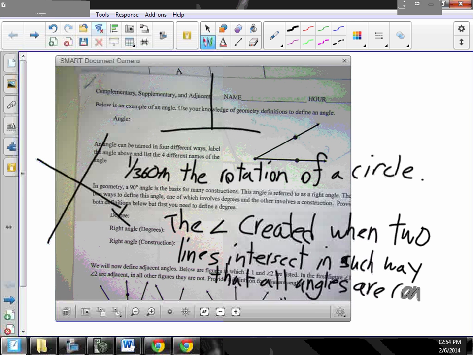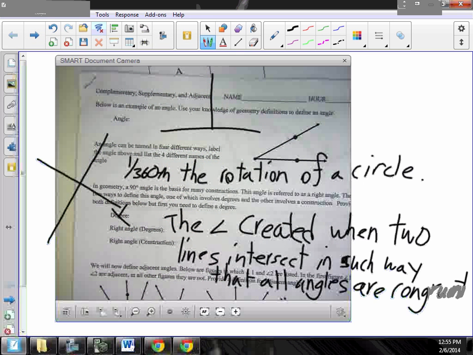Congruent. Oh, 90 degrees is so much easier. All right.